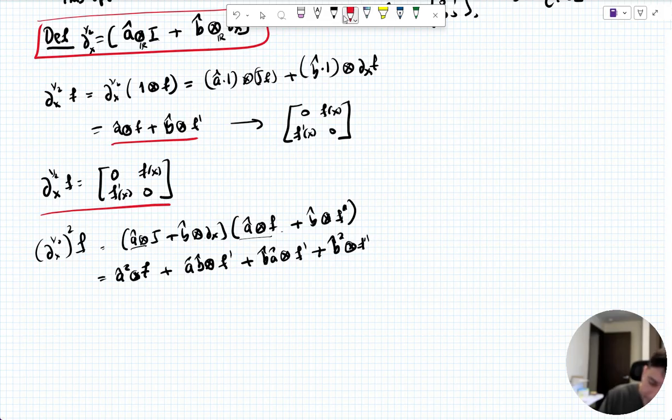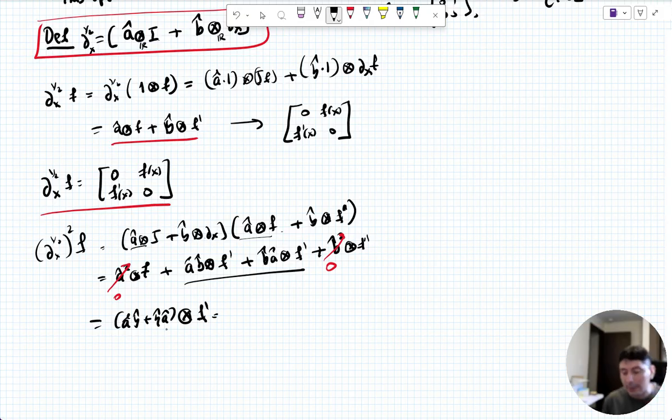Well, we know that B squared is 0, so that cancels. We know that A squared is 0, so that cancels. Now we're left with this part right here, in which we can pull out the AB and BA, right? So this is equal to AB plus BA tensor f prime, which in this case is equal to 1 because we did that calculation in the Clifford algebra, acting on f prime of x.